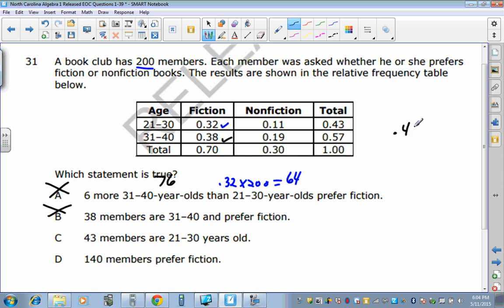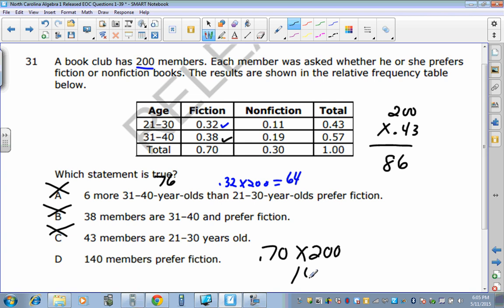It's 43% of 200, and the correct answer is 86 people are in that age group. Let's look at this one. 140 members prefer fiction. Well, here's our fiction, and the total people who said they prefer fiction is 70%. 70% of 200 is 140. So D was the correct answer.